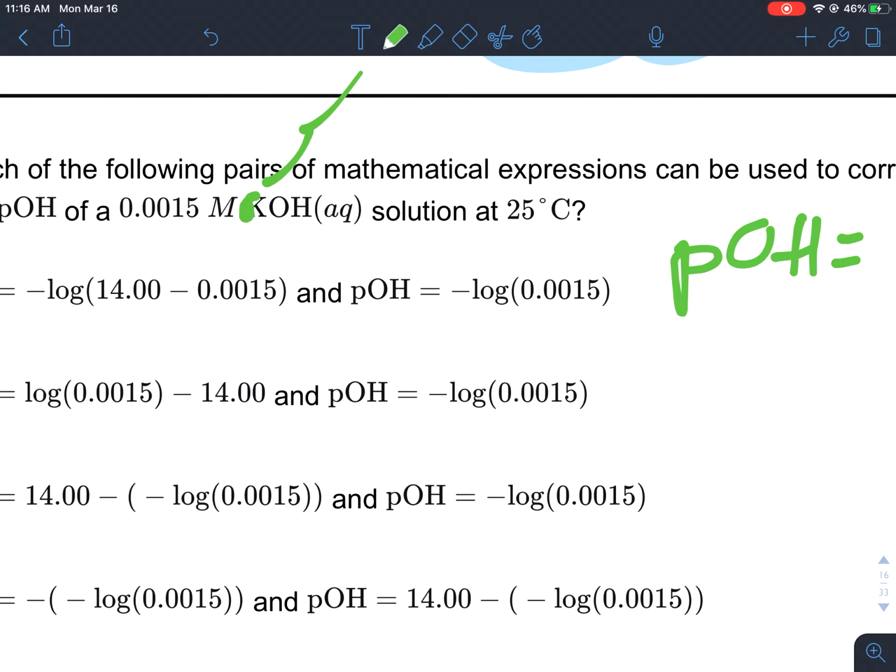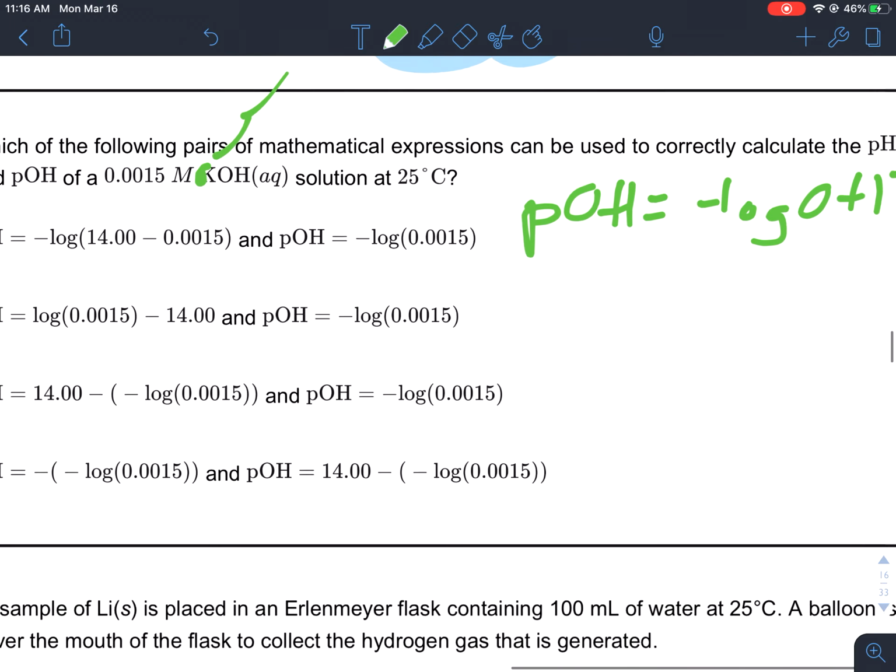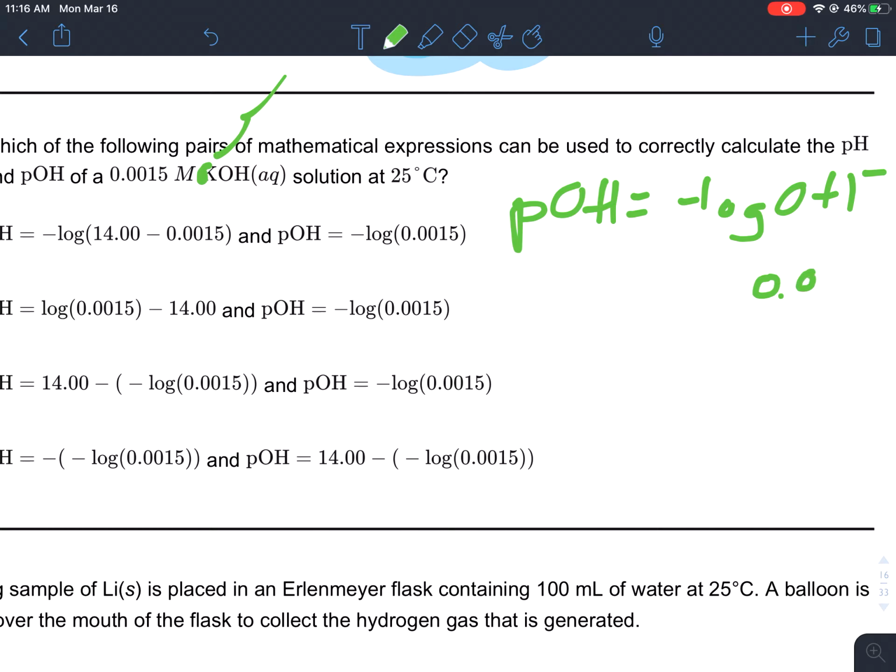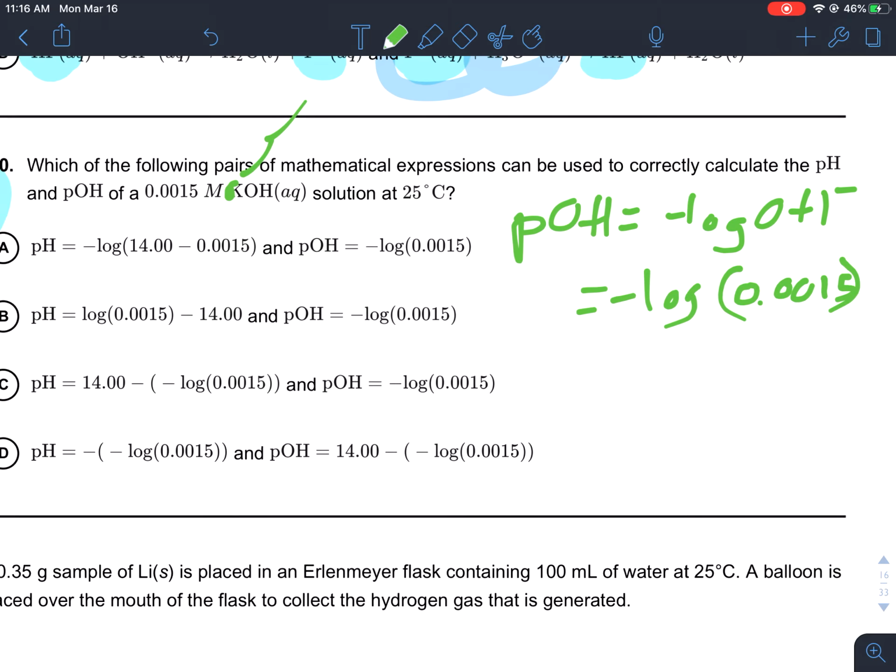So my concentration of OH minus is 0.0015, right? So I have to take the negative log of that to get my pOH. Okay, let me see. Negative log, okay. So pOH is not equal to that. Looks like A, B, and C are still in play.